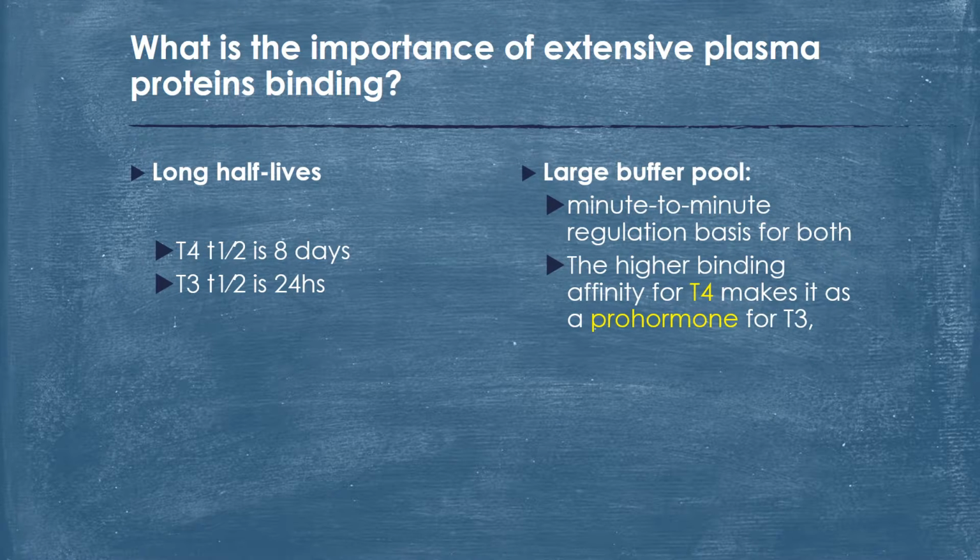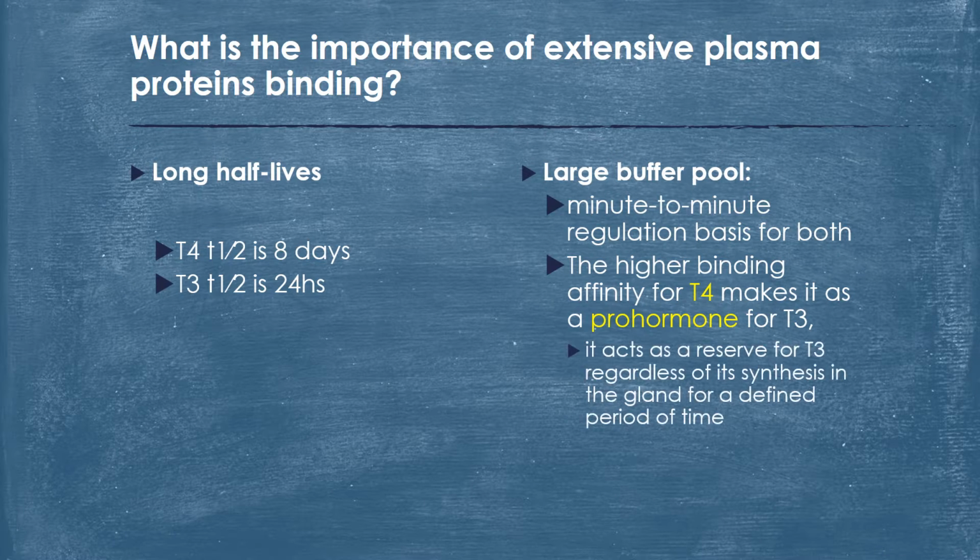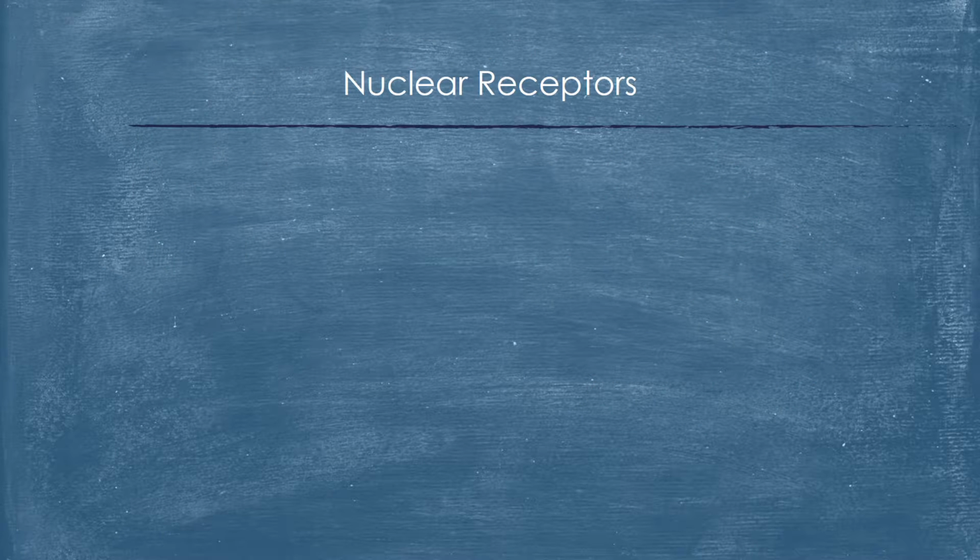Also, the higher binding affinity for T4 makes it a pro-hormone for T3, which means that it acts as a reserve for T3, regardless of its synthesis in the gland, for a defined period of time. So for a defined period of time, the regulation is by this binding and unbinding from the plasma proteins, regardless of the gland.